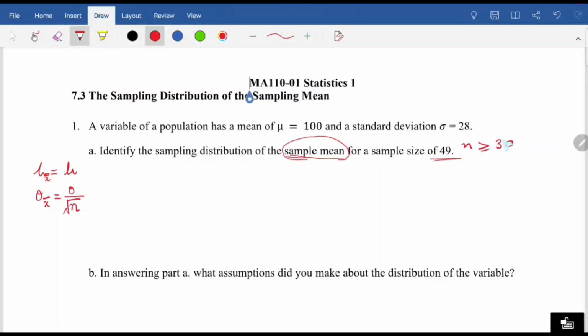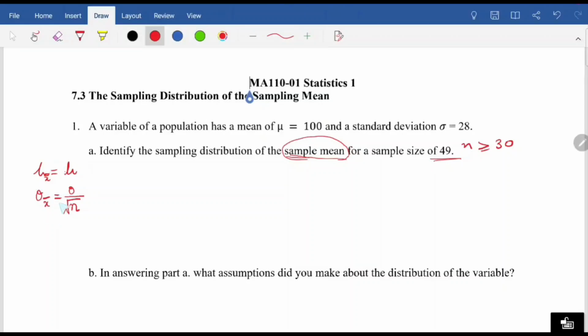So if n is greater than or equal to 30, even if the variable is initially not normally distributed, you can assume that it's going to be normally distributed because of its sample size. Anything greater than or equal to 30 implies a sample size which is large enough to make that assumption.